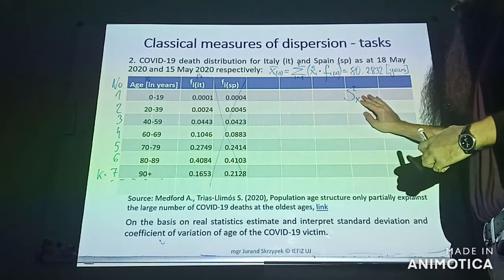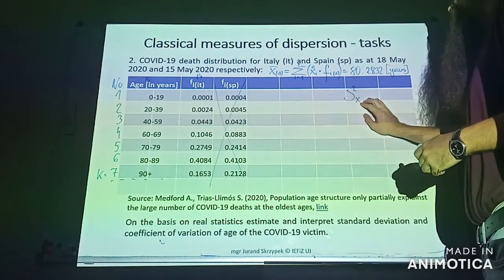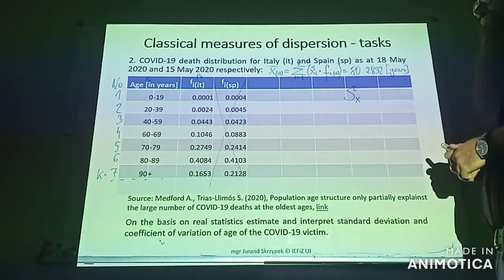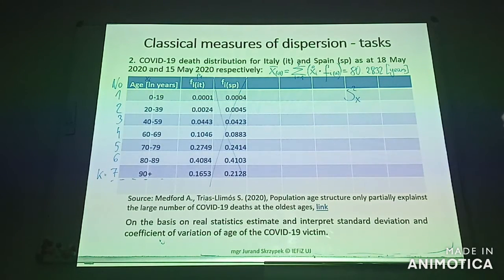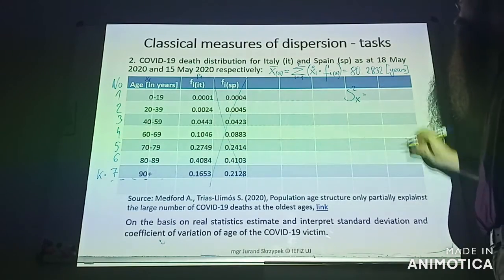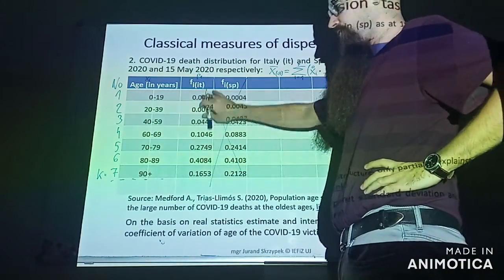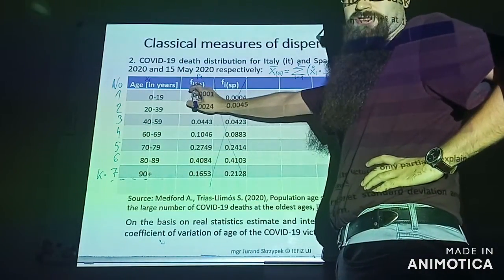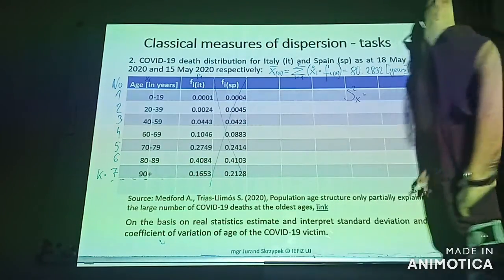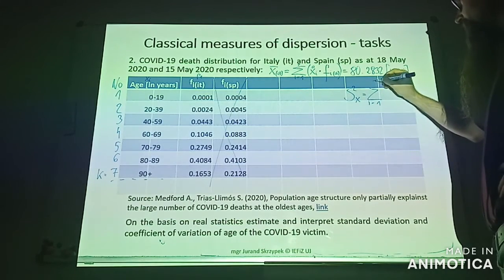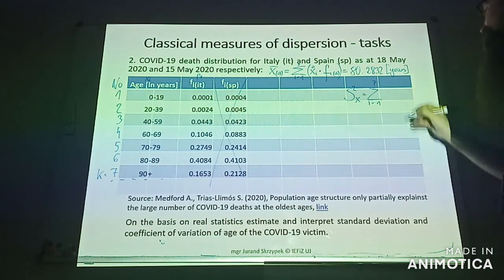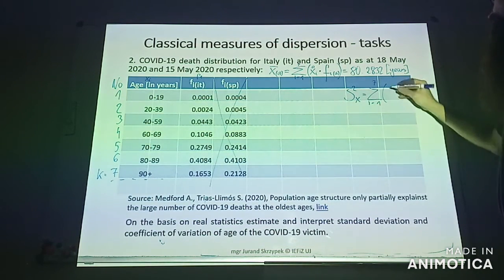The variance. We need the formula for variance. As you remember, we have both versions of the formula for variance. The first version is using, of course, the relative frequencies, is the sum from i equal 1 up to k, which is equal to 7, of what?